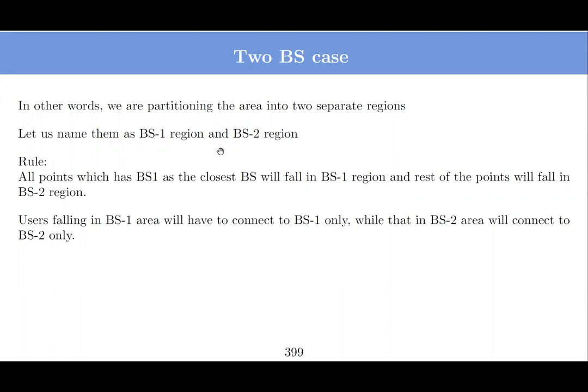Right? So what does this partitioning look like? All points for which base station 1 is the closest base station will fall in the base station 1 region, and the rest of the points will fall in the base station 2 region. Okay? And the users falling in the base station 1 area will connect to base station 1, while the users falling in base station 2's area will connect to base station 2.